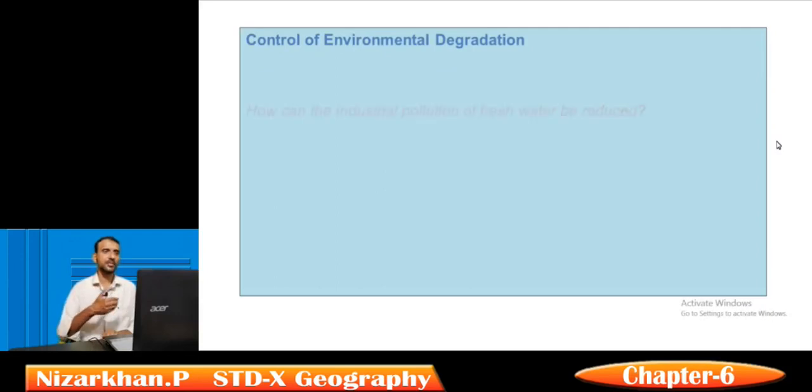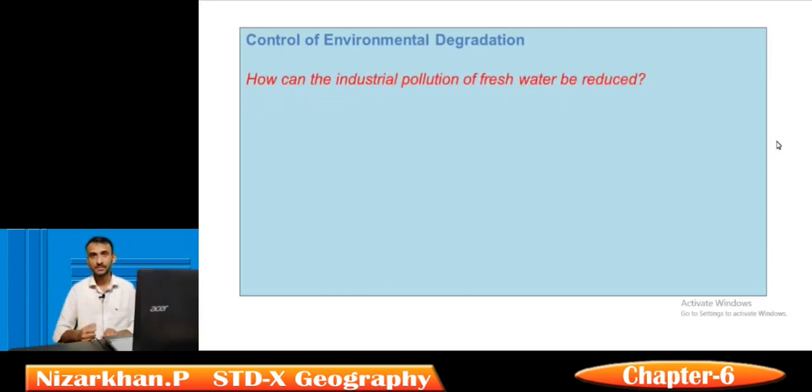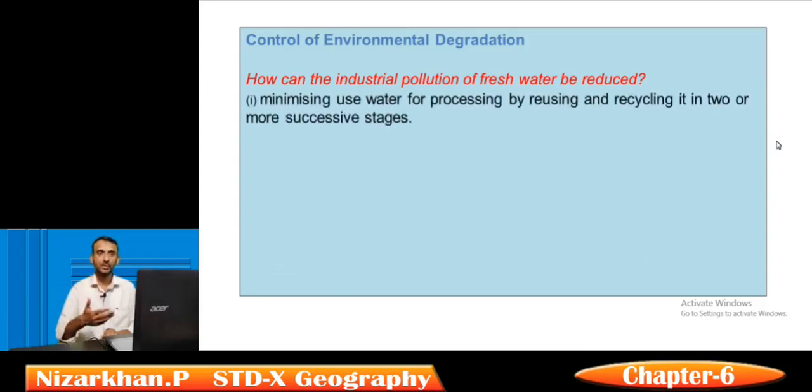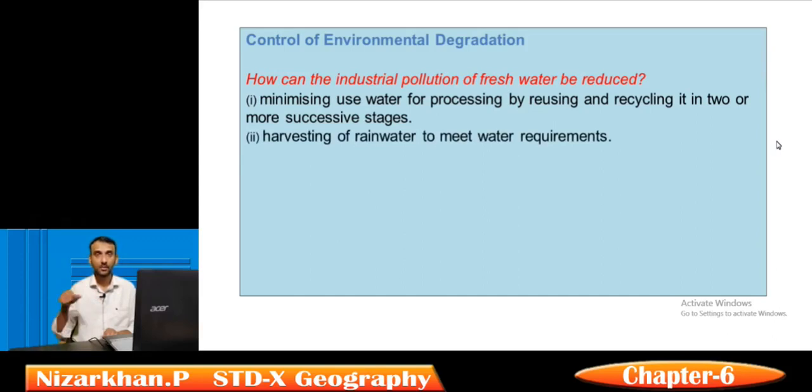Then how can we control this type of environmental degradation? How can the industrial pollution of fresh water be reduced? By minimizing the use of water for processing, reusing and recycling it in two or more successive stages, instead of depending on fresh water. By harvesting rainwater to meet water requirements instead of depending on groundwater or river water.